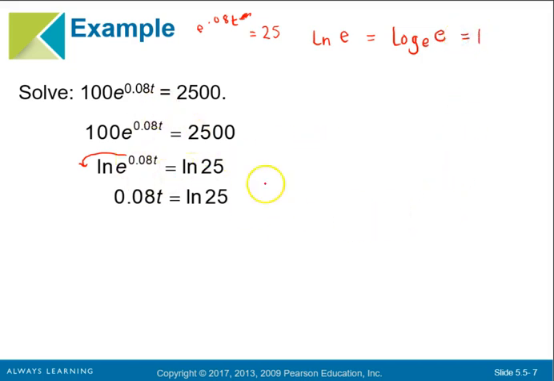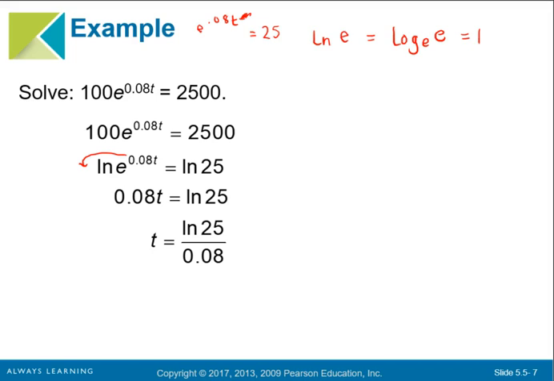So that's how this becomes strictly 0.08t. Again, I'm going to go ahead and just divide both sides, and that's going to give me my t value, which is what we want.